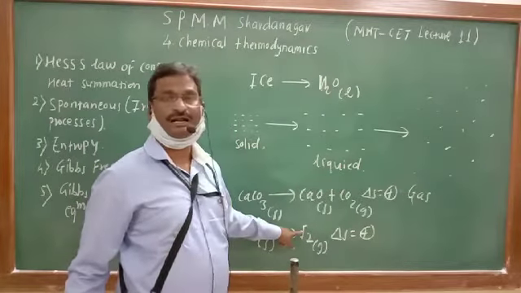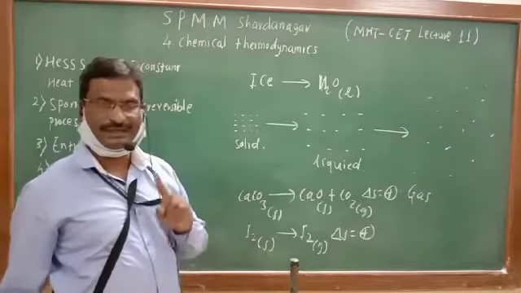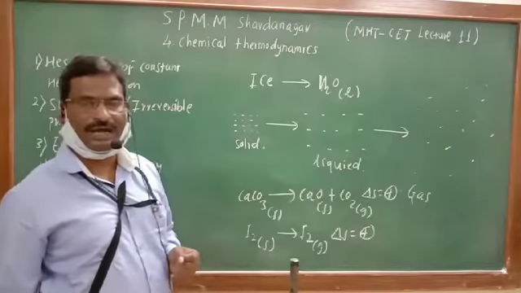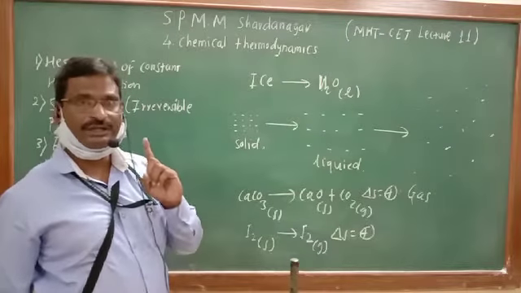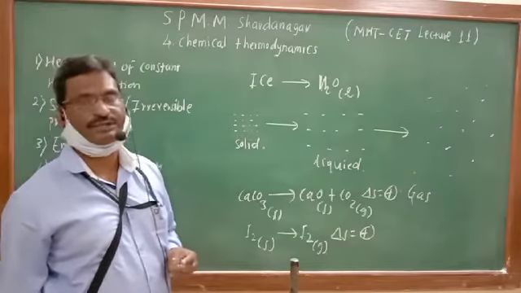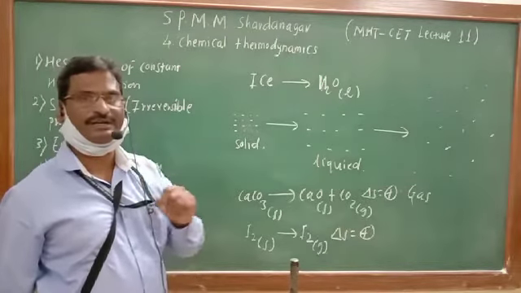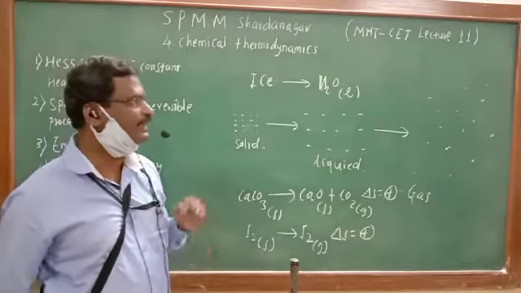So randomness increases, entropy increases, and it is stated that with increase in entropy, spontaneity of the process goes on increasing. That process will become spontaneous whenever entropy increases.